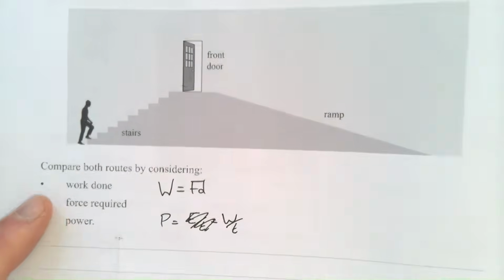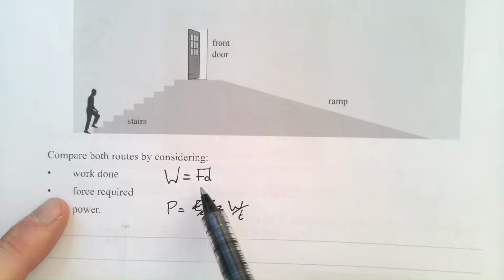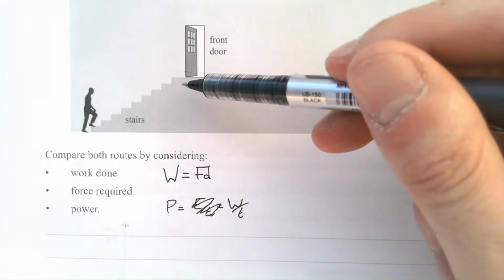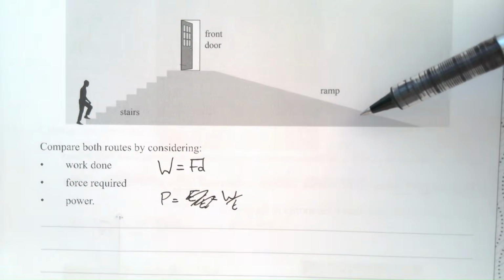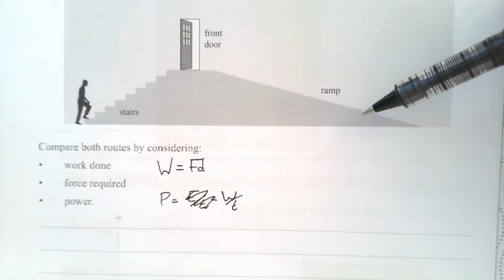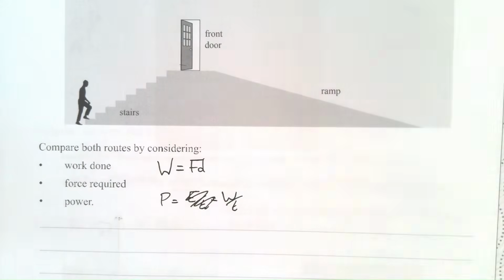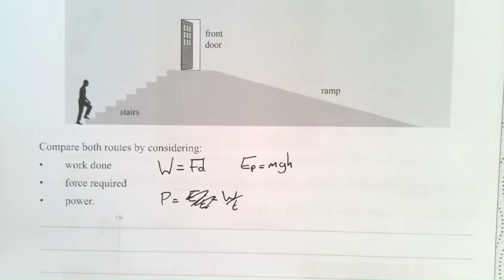Now, because our work done is calculated by doing force times distance, the size of the force to go up will be smaller for the ramp, but the distance is much greater. We can confirm this with the gain of potential energy, the gravitational potential energy equation equals mgh.